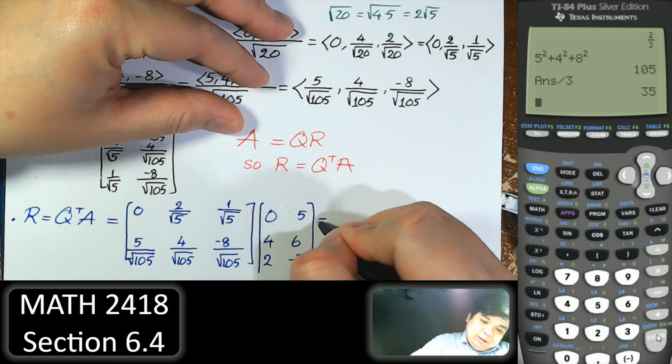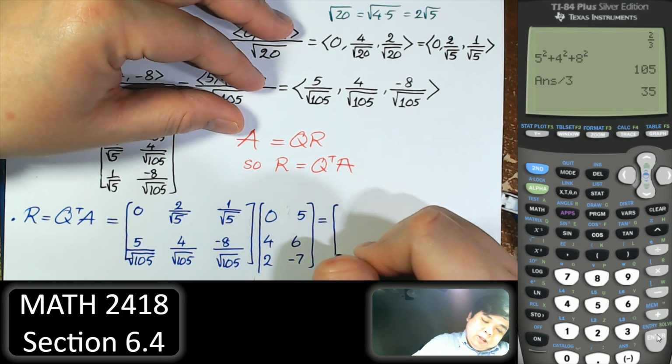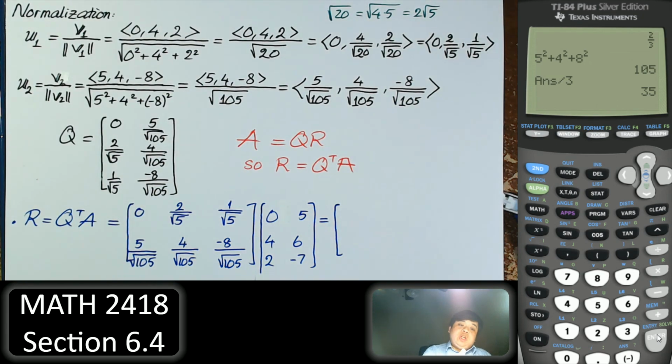So 2 by 3 and 3 by 2, so we end up with a 2 by 2 matrix.